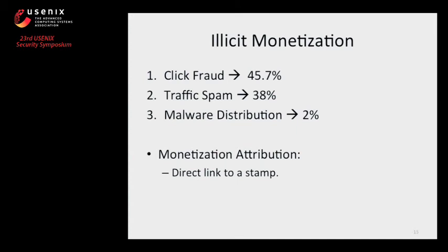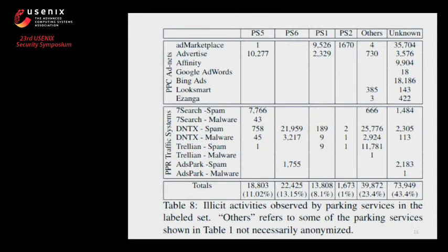But not all of them have that. So for the other monetization chains, we attempt to identify something we call a parking service anchor. A parking service anchor is a domain controller where parking services can redirect all the traffic, and the domain controller is the one that decides the best monetization option. We identified domain anchors, and we were able to attribute the monetization.